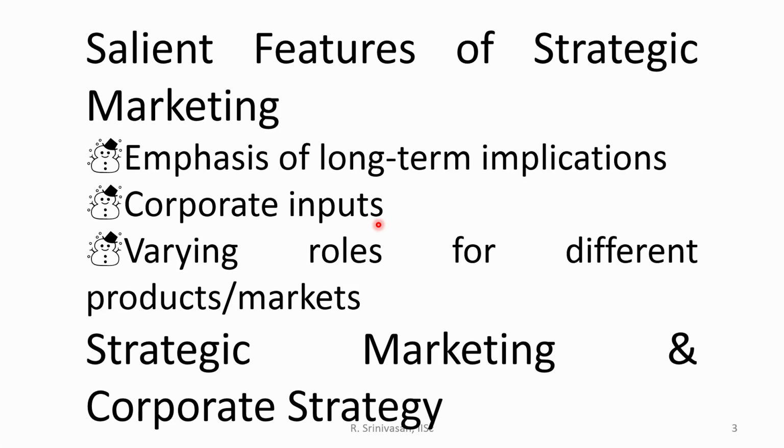Now, depending on the type of inputs that he is getting, he may have to change the roles for different products and markets. So, for different products and markets, you may have to adopt different roles: for a perishable market a different role, for a durable market a different role. So, consumer durables may call for a different pricing strategy, consumer perishables may call for a different pricing strategy.